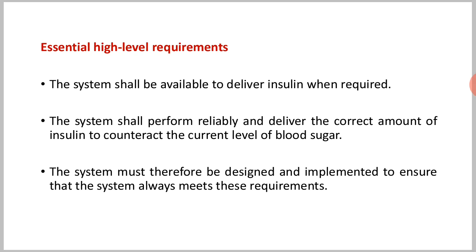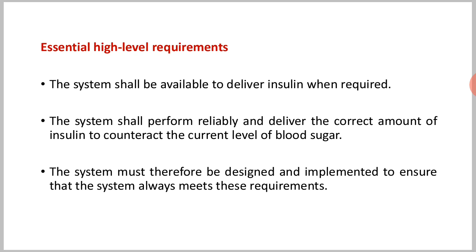Now coming to the essential high level requirements of this particular system. We have already told in the very beginning that every software system should have some set of good attributes.